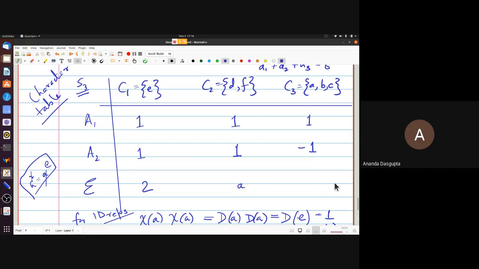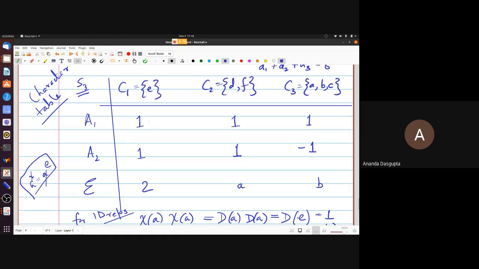I will just quickly tell you the basic idea. The basic idea is that this vector 2AB must be orthogonal to this vector and this vector. But the rule is, remember, if you're taking the numbers as they are, you have to weight by the number of elements in the class.